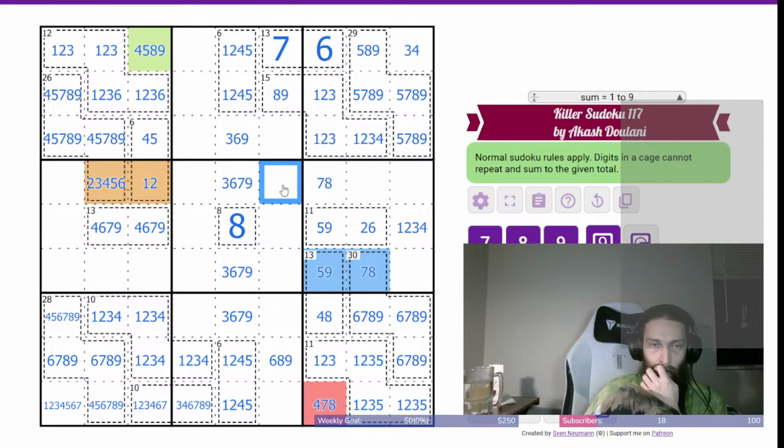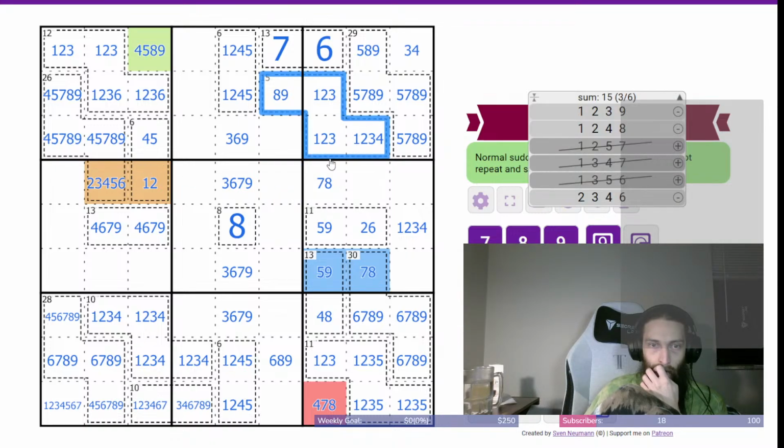Okay, so the 15 cage. Oh, right. It either sums to 1, 2, 3 or 1, 2, 4.